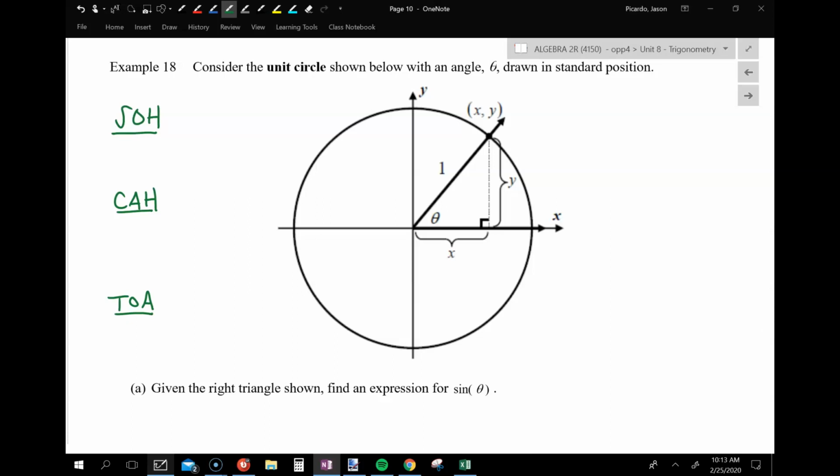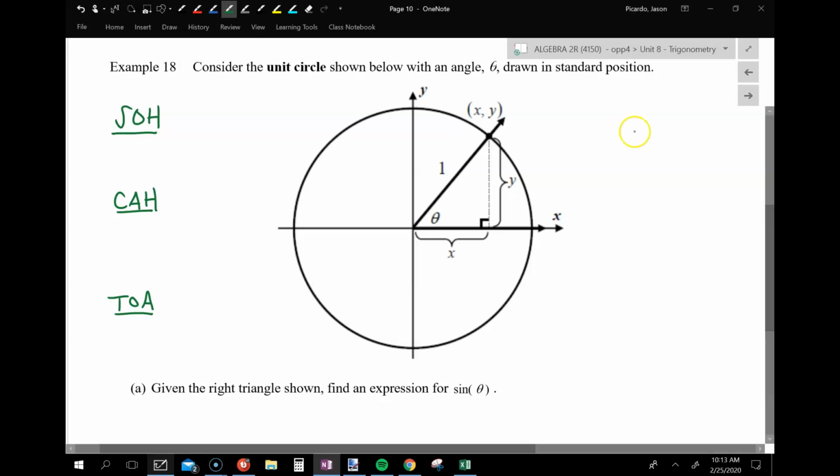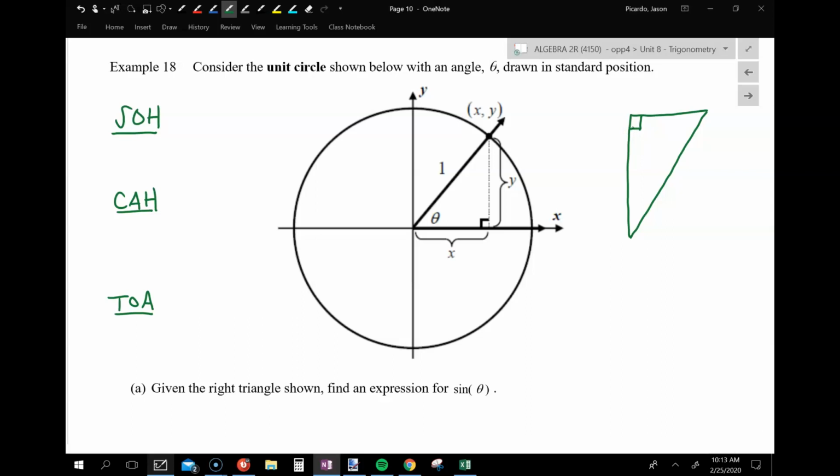Now, before we actually talk about what the phrase SOHCAHTOA means, let's talk about vocabulary for a minute. What kind of a triangle did I just create? A right triangle. Because I've created a right triangle, can everybody put a big H where the hypotenuse is?